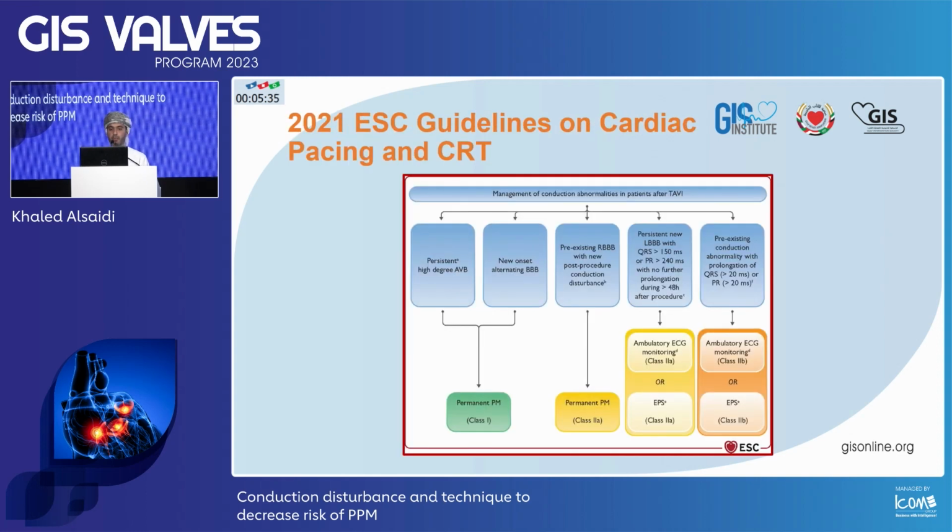There is really no consensus of what to do for those patients. This is the European pacing guidelines from 2021. As you can see, there are two class 1 indications, basically high-grade AV block and new onset alternating bundle branch block. Class 2A is for patients with pre-existing right bundle branch block who have new or further deterioration of their conduction system.